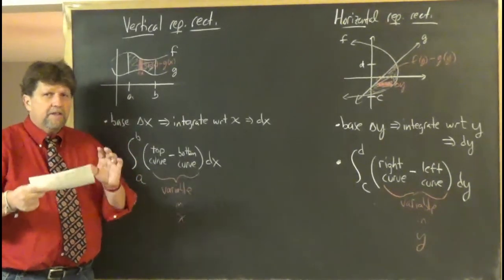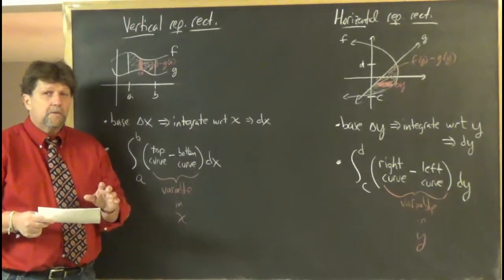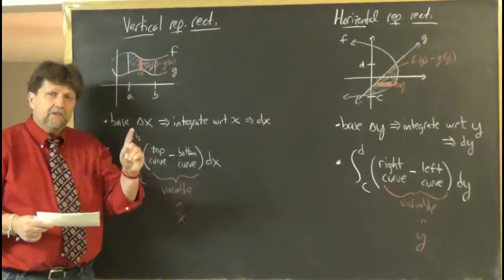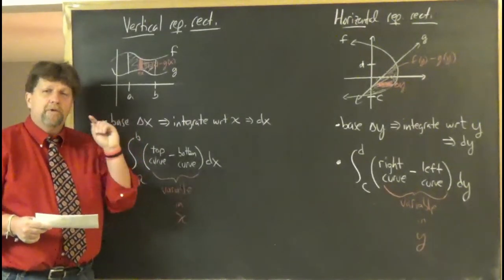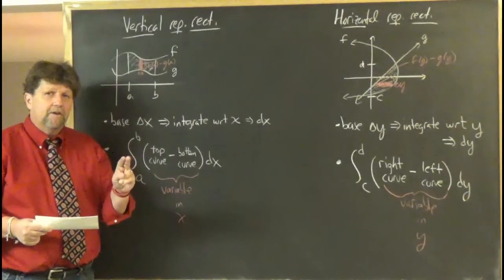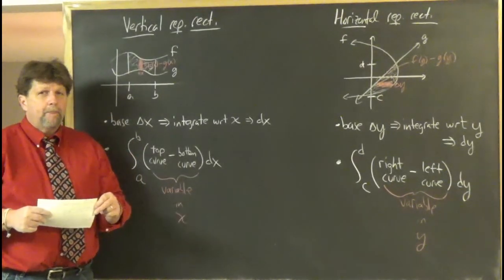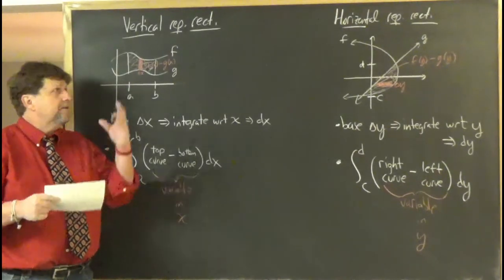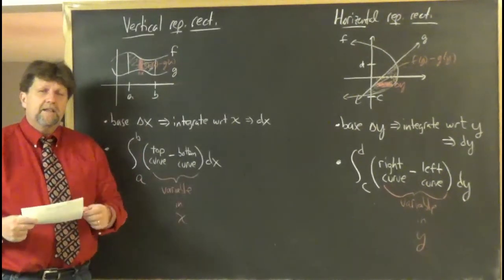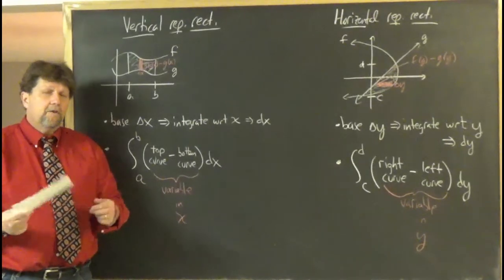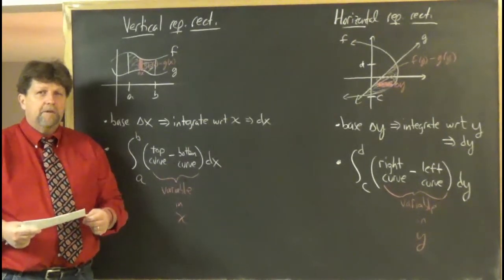The key to doing those next two sections will be to sketch so you can see the region, and putting in a representative rectangle, and the importance of the representative rectangle. So keep that in mind. Do the process as I've laid out in this video on how to do the area between curves problems.